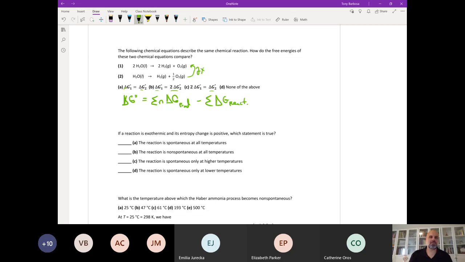Right, so if we think about our stoichiometries, think about the stoichiometry here.